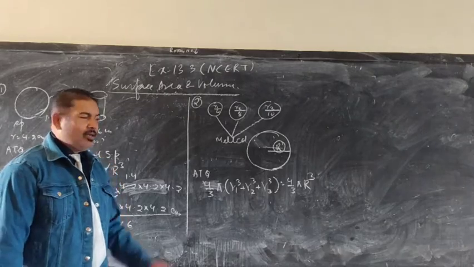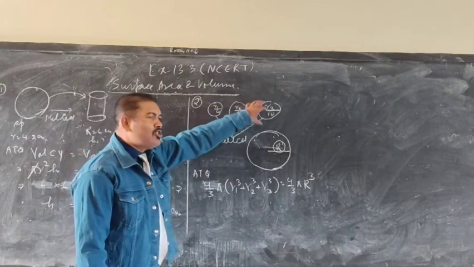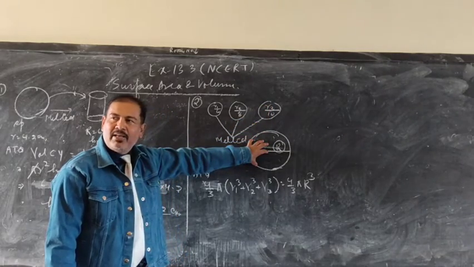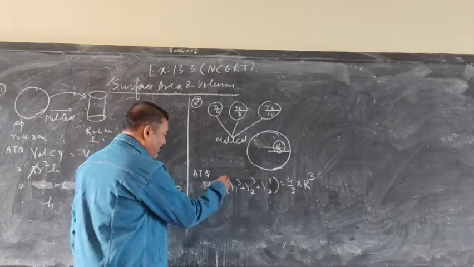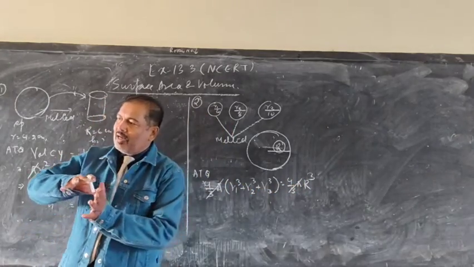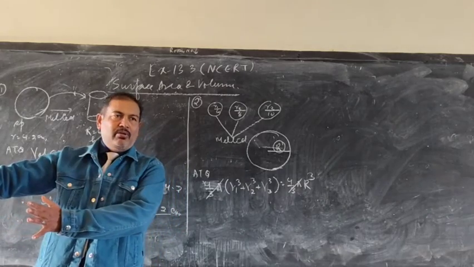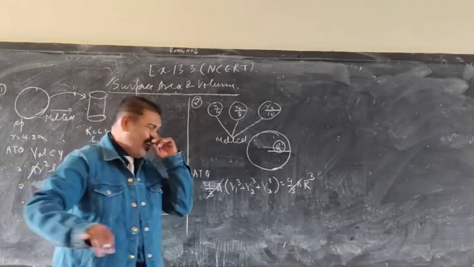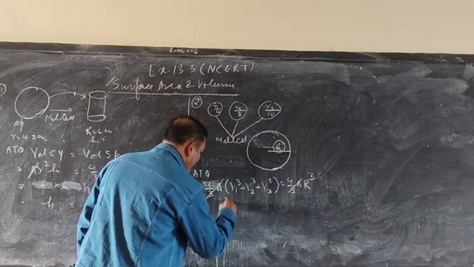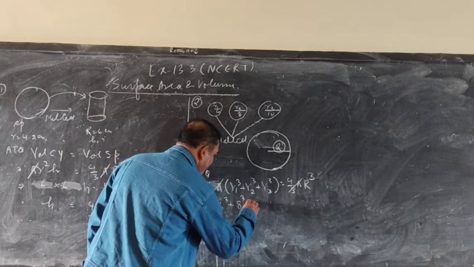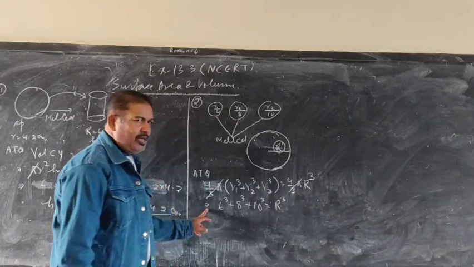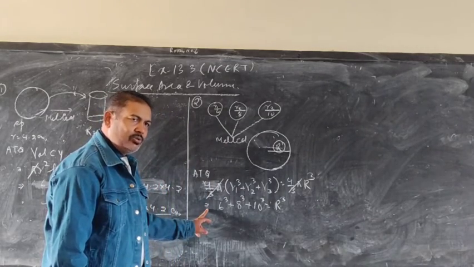Why? Because all the material of these three smaller spheres is cast and converted into a bigger sphere. So 4 upon 3 pi and 4 upon 3 pi cancel. That much difficulty is automatically removed when we generate the equation. Now simply put the values: 6 cubed plus 8 cubed plus 10 cubed is equal to R cubed. Now you are in a condition to solve these questions. Will you do it now, children?